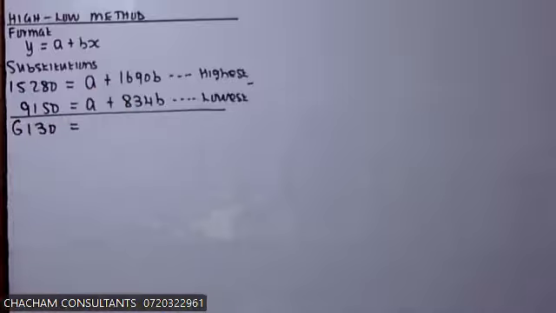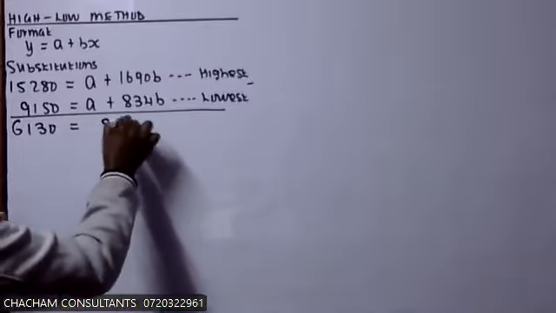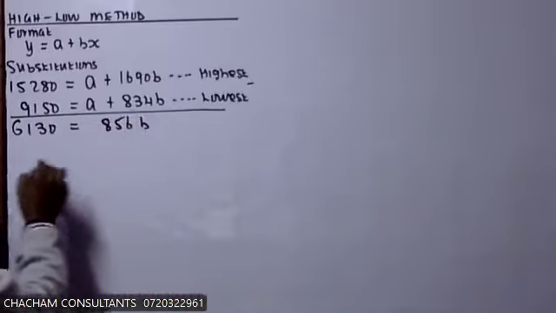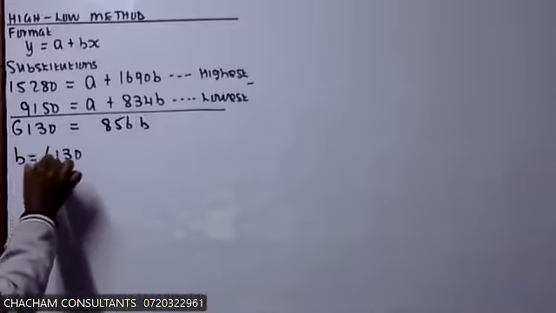Then 1690 minus 834 is 856B. So B should then be 6130 divided by 856.